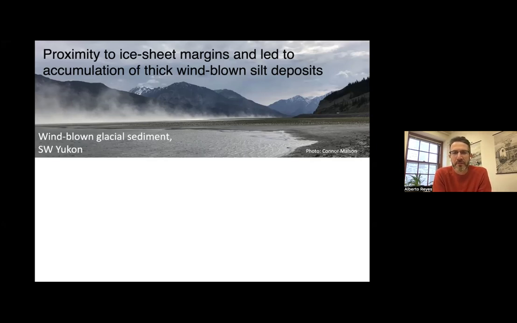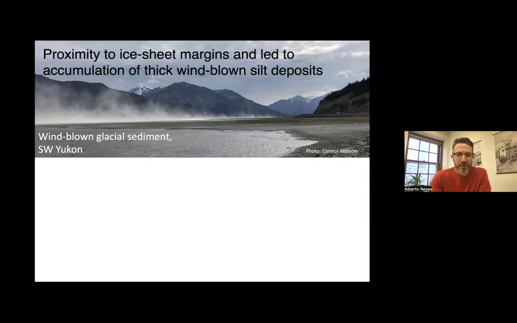And so this is in the forefield or near the forefield of the Kaskawelsh Glacier, which is a large outlet glacier of the St. Elias ice fields in the Yukon Territory. And you can see the cloud of fine-grained sediment that's being carried by the Slims River from the Kaskawelsh Glacier and reworked by wind.